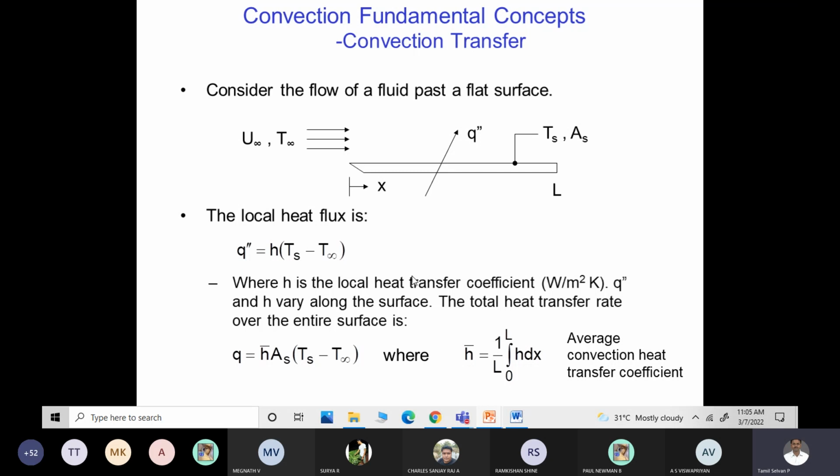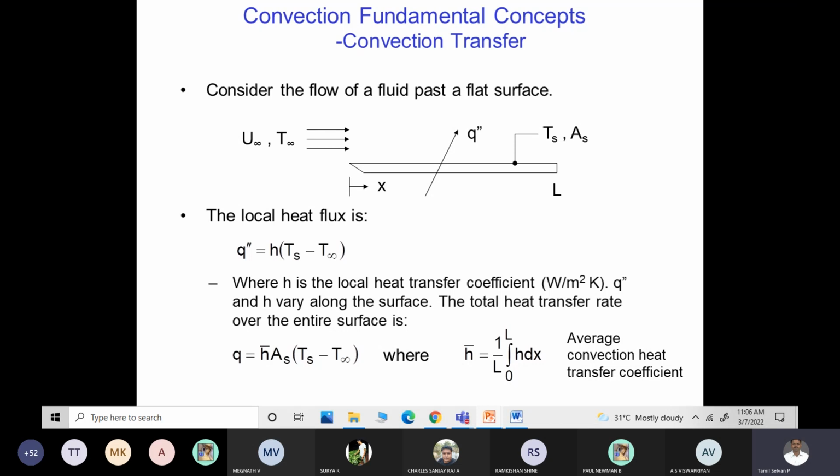Because when you look into the calculations, you may see that from x equal to 0 to x equal to L, the local value varies, and the average value is usually considered.